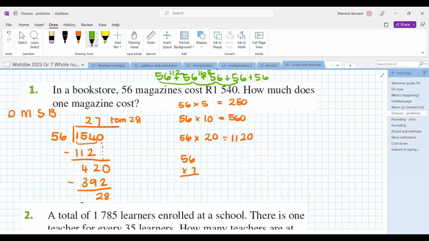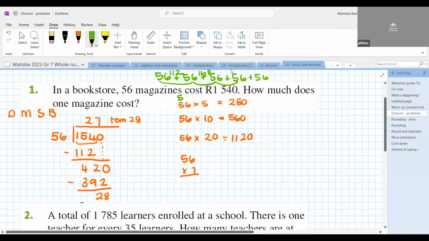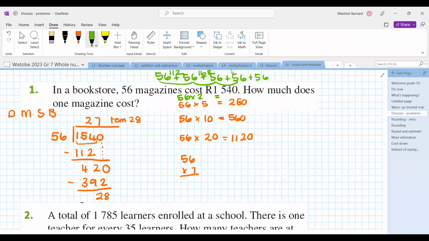So you keep adding 56, which is the same, because if we go 56 times 2, that also gives 112. So your way works, but maybe try something that might go a bit quicker. Instead of counting in 56s, just do multiplication, because it's the same thing. Thank you, ma'am. Okay.